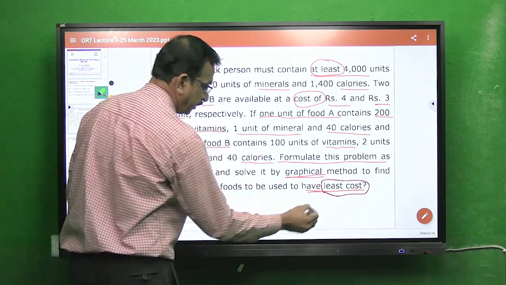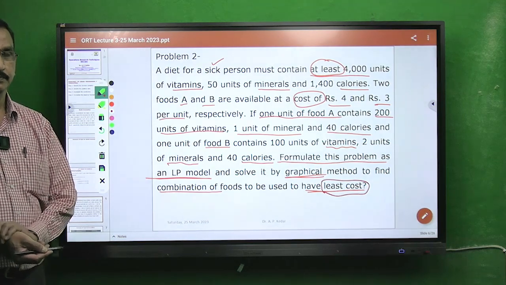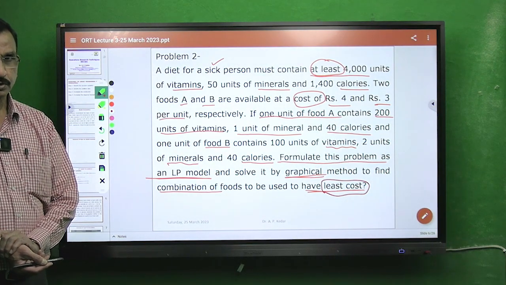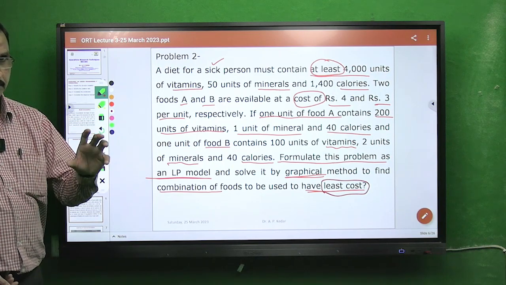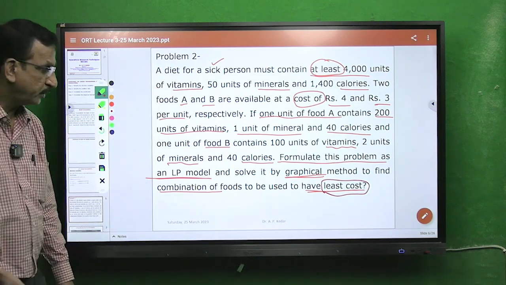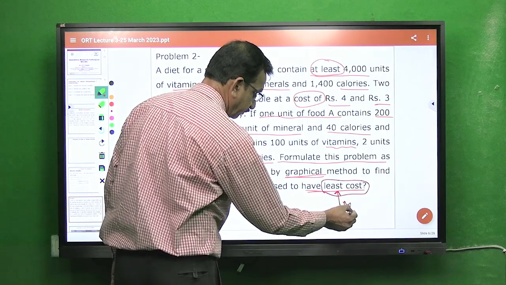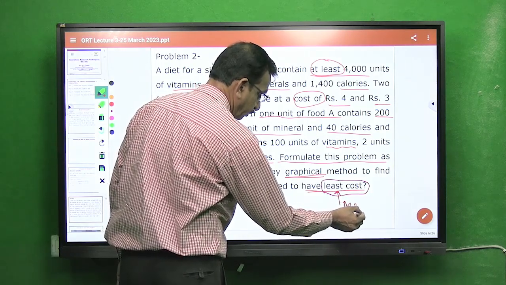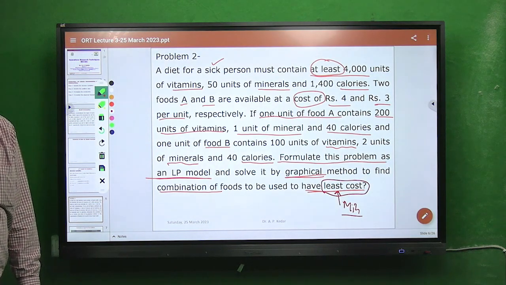Now in this problem the objective function is stated that the cost of that complete diet has to be least, that is minimum. So the objective function is well defined over here, that you have to work out for minimization of cost.